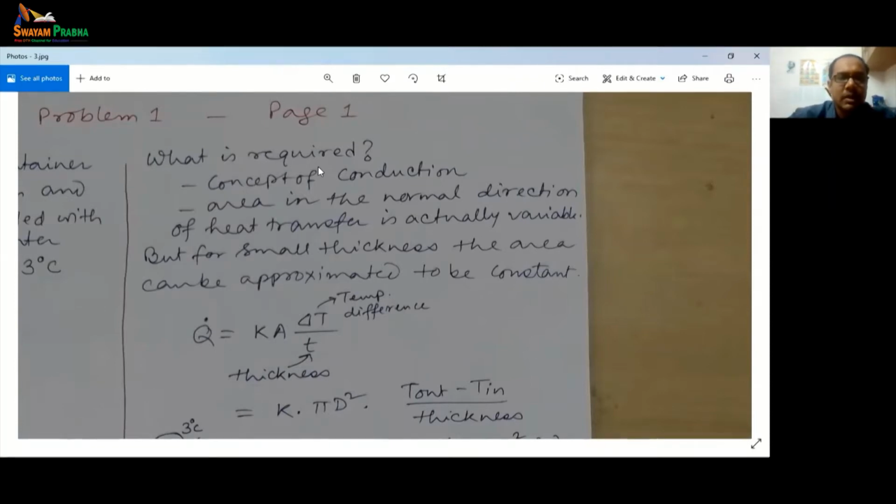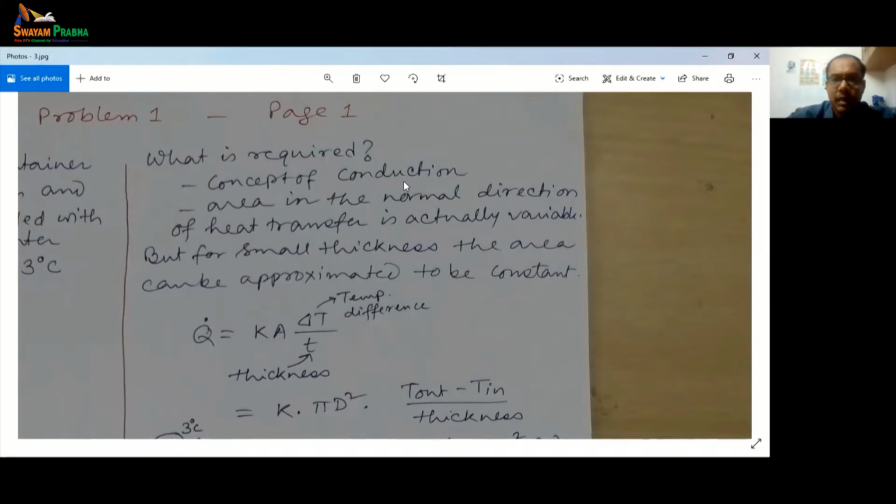First of all, this is asking for the rate of heat transfer, so you have to have some preliminary concept of conduction heat transfer. Conduction heat transfer means the heat transfer mode through solids. This iron container is the one that is carrying heat in this particular example, and that is why conduction will be the heat transfer mode.